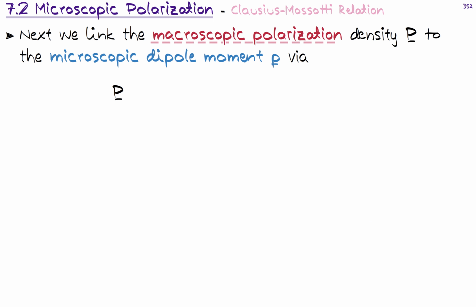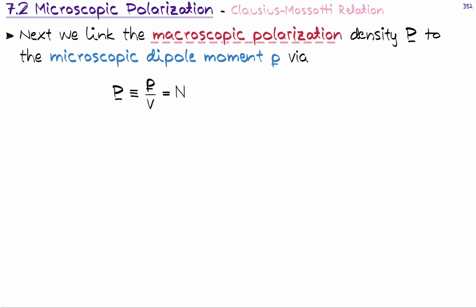And simply, the macroscopic polarization field, capital P, is defined in essence as the microscopic dipole moment p divided by the unit volume of our solid.